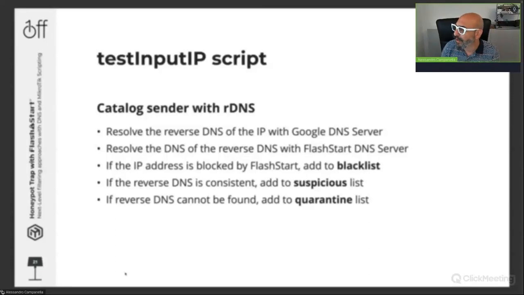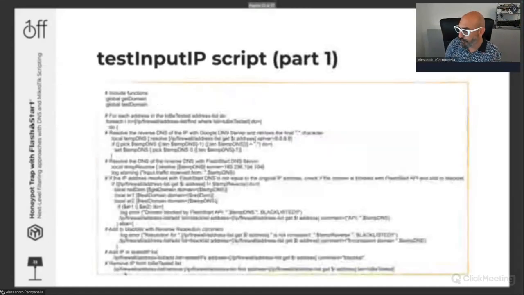So why is this IP sending traffic to me? Maybe I don't want it. So I insert in a suspicious list. And of course, if I don't receive any reverse DNS for the IP address is trying to send traffic to my router, I insert in the quarantine list. I don't want to be reached by IP address without a reverse DNS, but it's my opinion. You can do whatever you want.